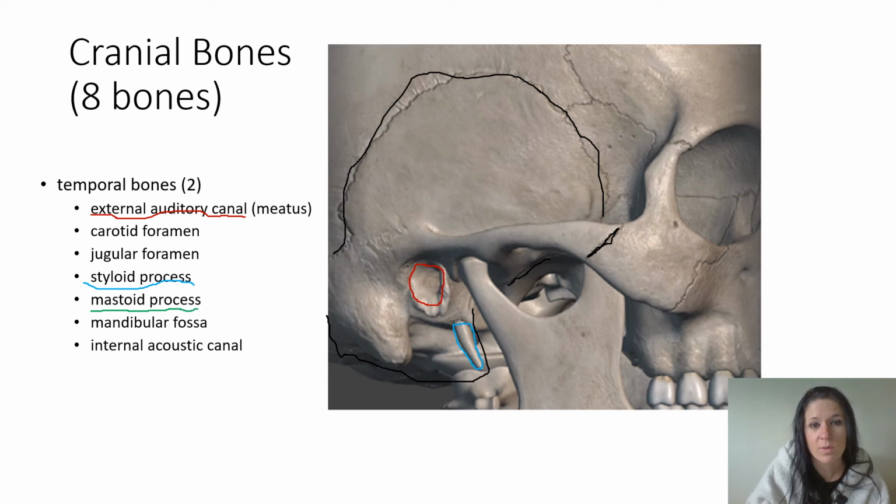Our mastoid process is this big, robust, massive mastoid process. And then our mandibular fossa is going to be the indentation here on the temporal bone where the mandible articulates.